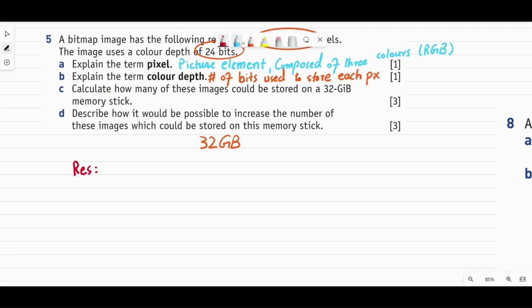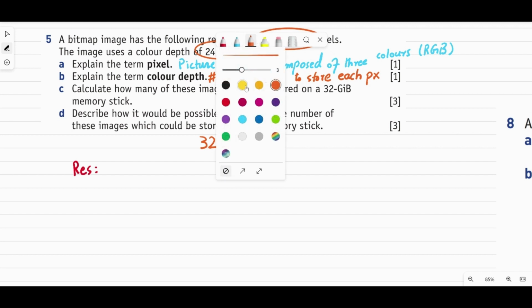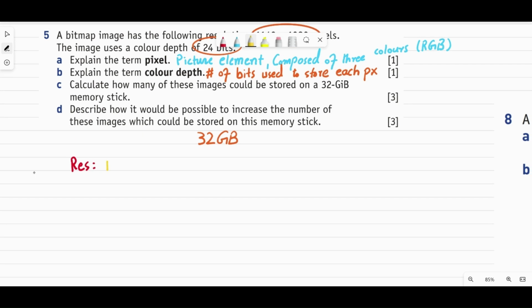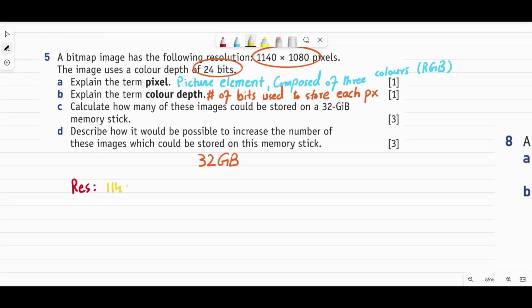Resolution 1140 times 1080 gives us 1231200 px. Again, I'm gonna write the unit so that you never forget to write the unit in px.